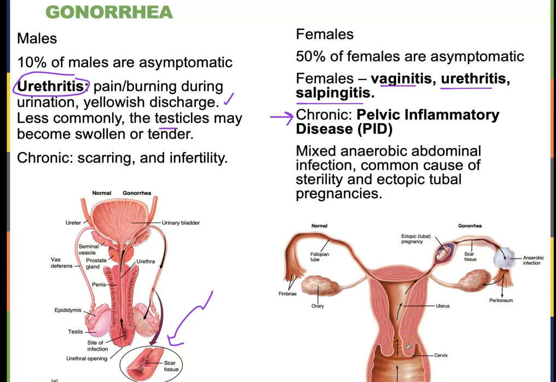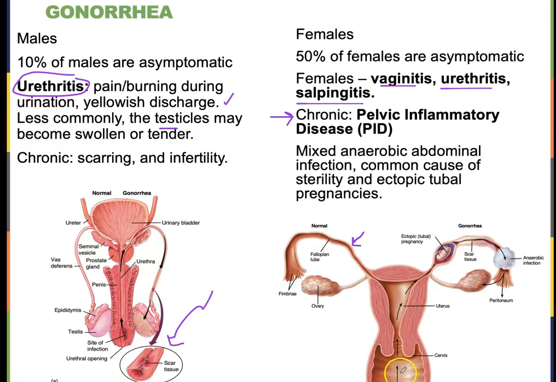So it is very common that bacteria can travel from the urethra to the vagina, and vagina to the urethra. So we can have infection of the vagina and infection of the urethra at the same time, and this upper reproductive structure, the fallopian tube.